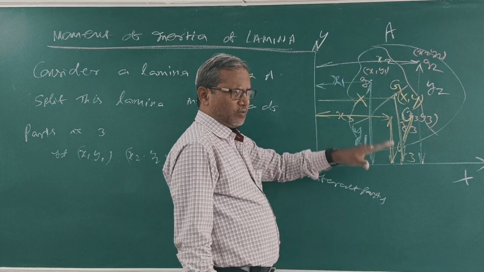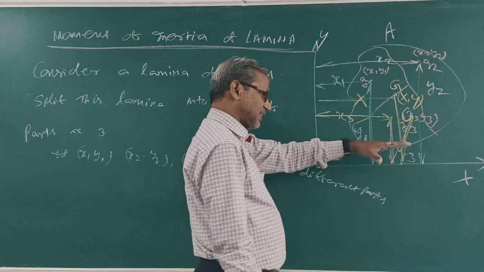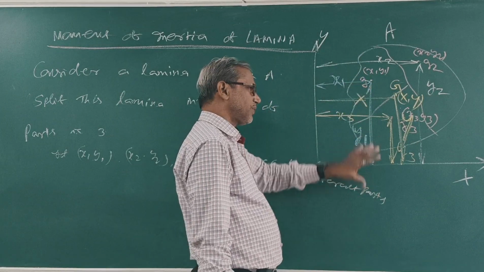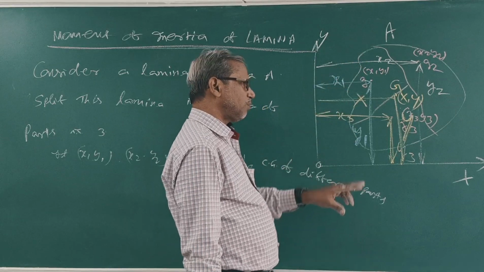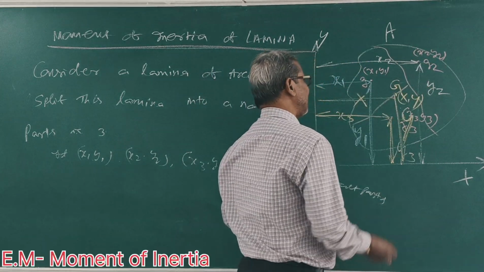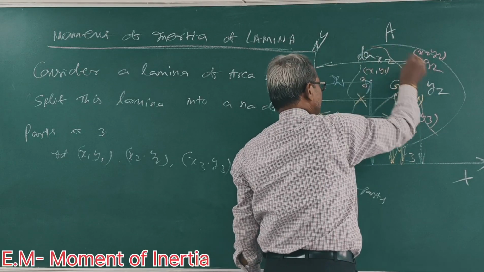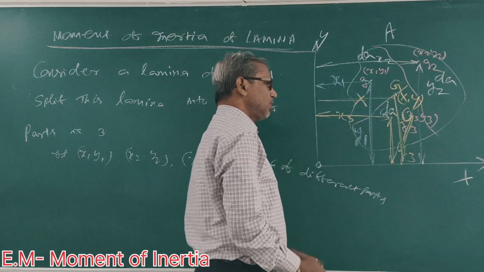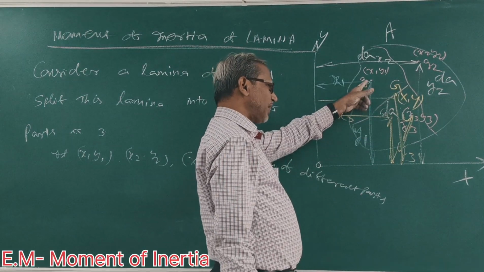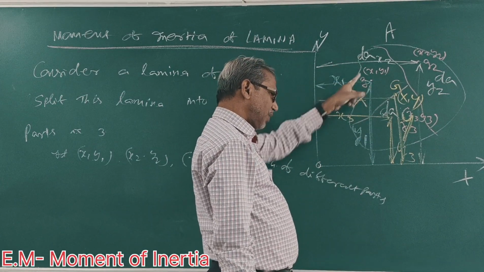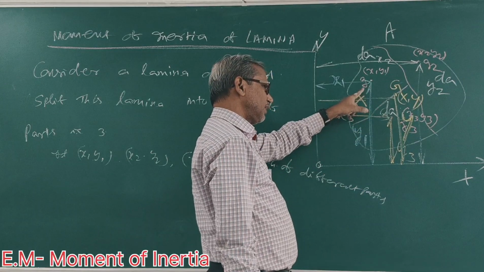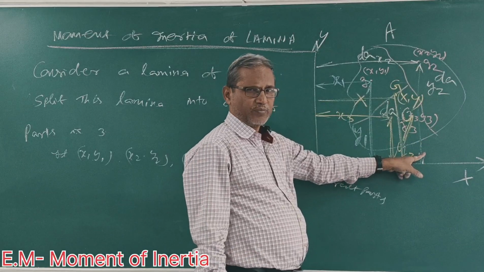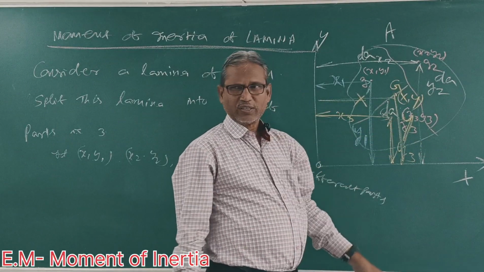What is the moment of inertia of part 1 about the x-axis? Area into distance square. So dA into y1 square, for each area dA. So for 1, dA into y1 square, for 2, dA into y2 square, for 3, dA into y3 square. Clear?